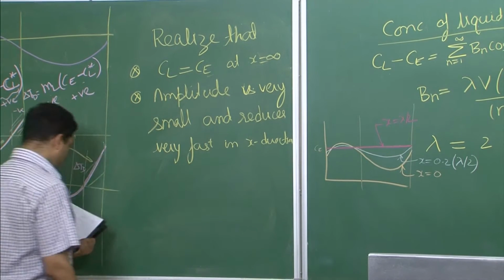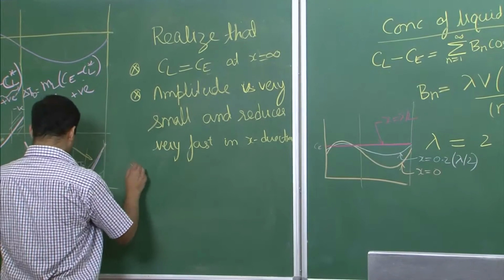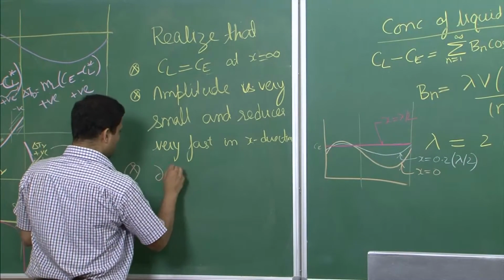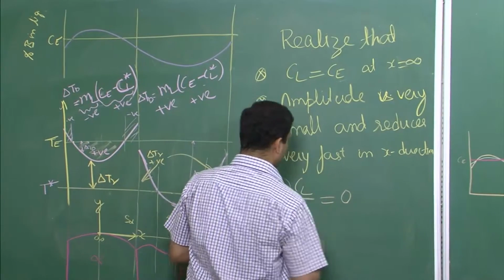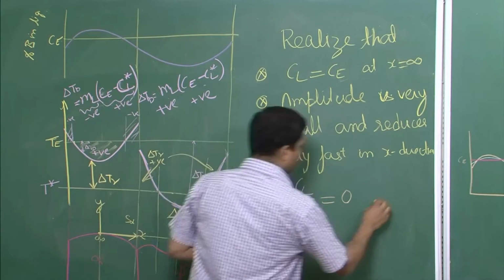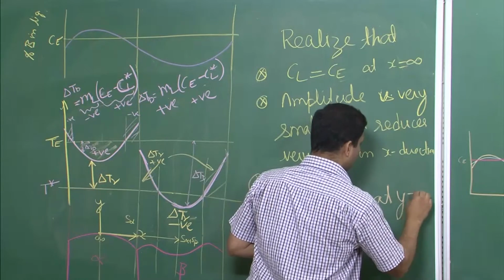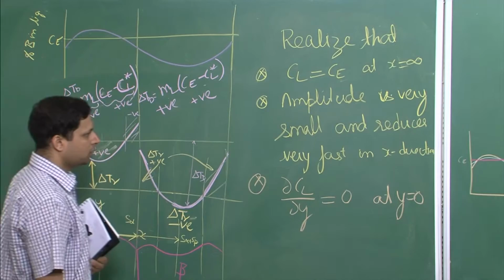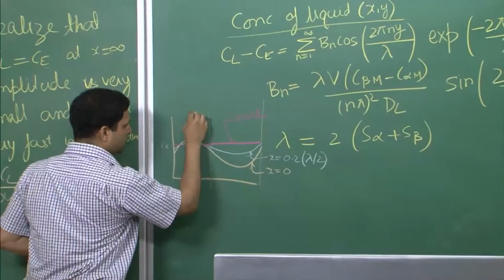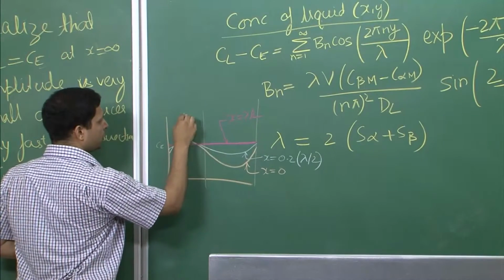What else should we be aware of? Another thing is that del Cl over del y is equal to 0 at y equal to 0. Again, this is obvious. When we say y equal to 0, this is our y equal to 0.